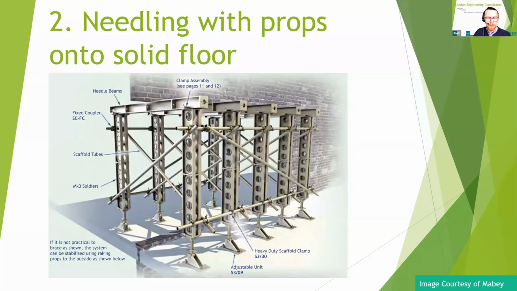We've got nominal fixings between the headers and the props to make sure that we've got a positive connection between all the components of the design. We've also got scaffold tube bracing in the longitudinal and the lateral direction to make sure that when we pick up this wall, that system is stable and is able to support the wall whilst we construct the beam underneath, and then we can take the props away.